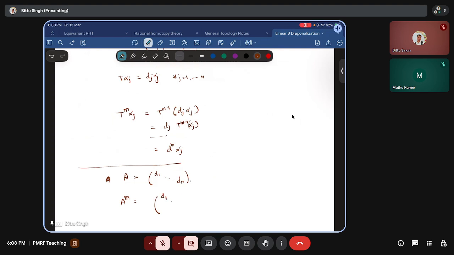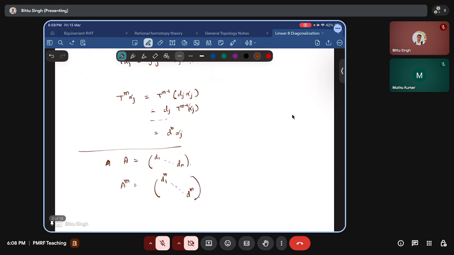If you multiply two diagonal matrices, only the exponent of the diagonal entries will increase. The diagonal entries are probably non-zero, and other entries are actually zero. Then A to the power m will look like this. So this is the importance of diagonal matrices.